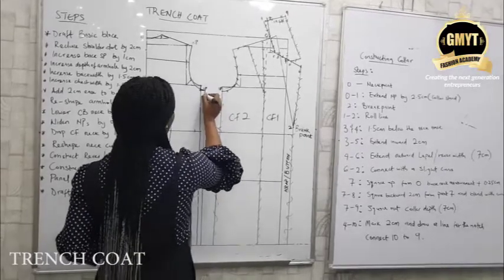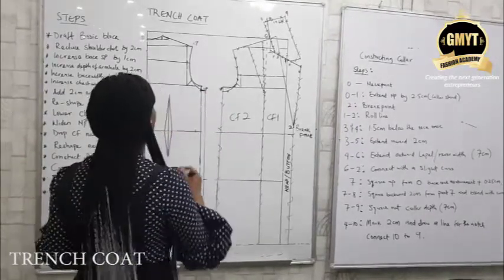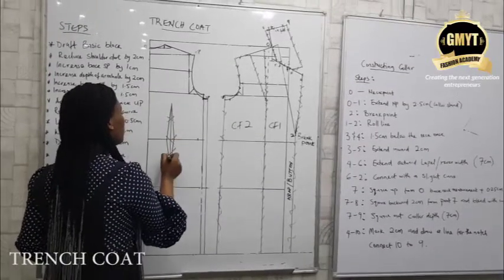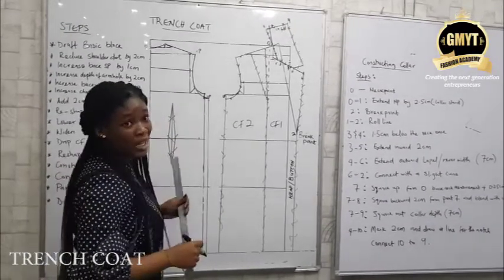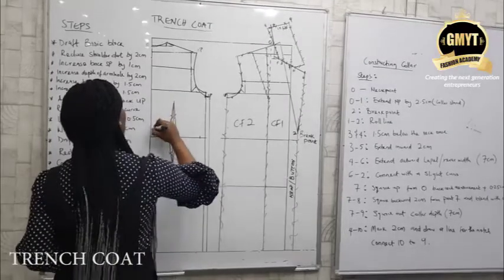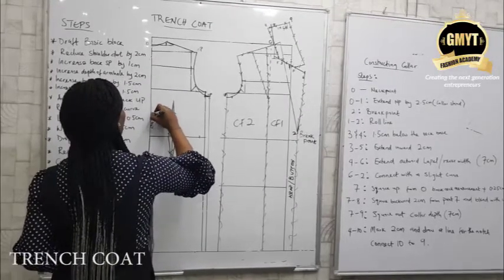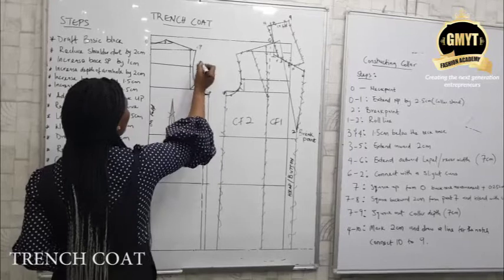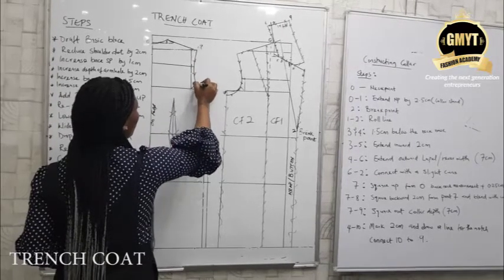So same thing for the back. You are not panelling that for the back. So the dart serves as ease for the clothes. So your center back is on fold. So you cut here.